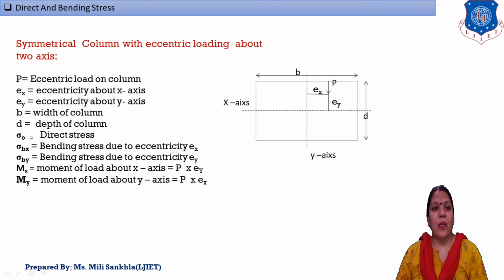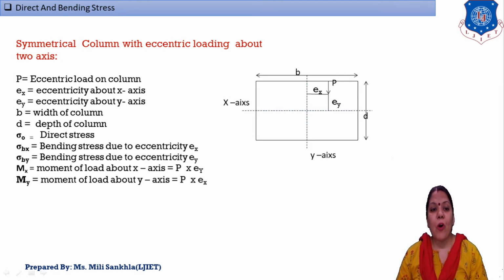Now symmetrical column with eccentric loading about 2 axes. This is the plan of the column section, and here I write down the full forms of some given terms. P is the eccentric load, Ex is the eccentricity about the x-axis, Ey is the eccentricity about the y-axis, B is the horizontal width, D is the depth, sigma 0 is the direct stress, sigma Bx is the bending stress about the x-axis, and sigma By is the bending stress about the y-axis.